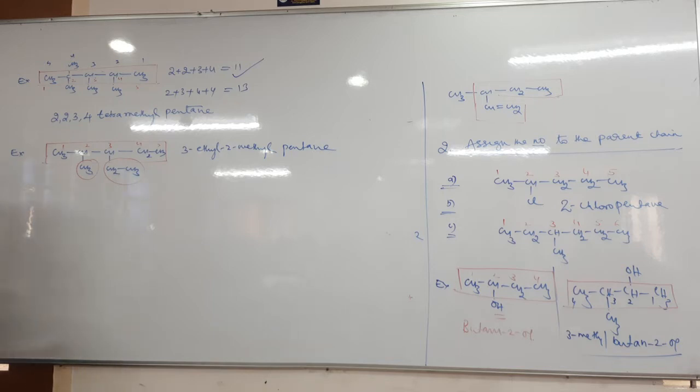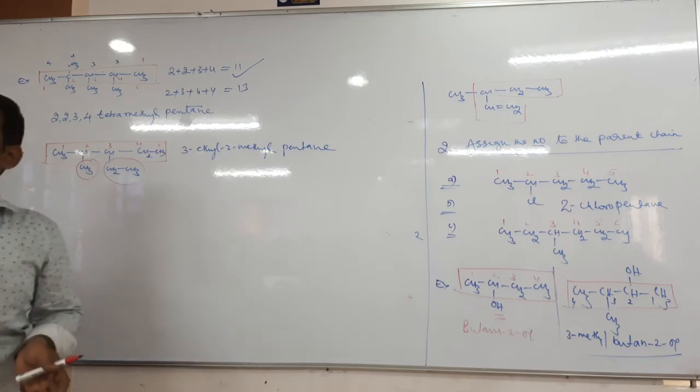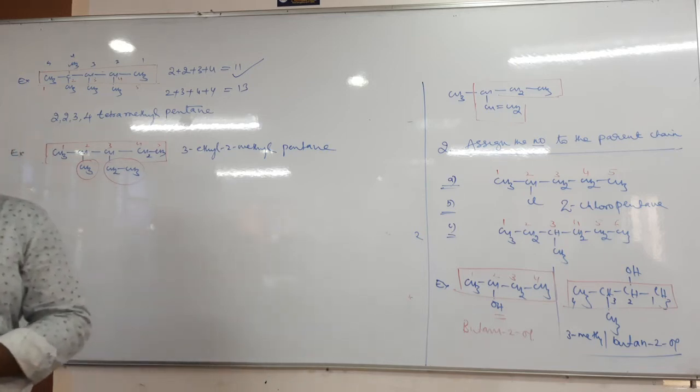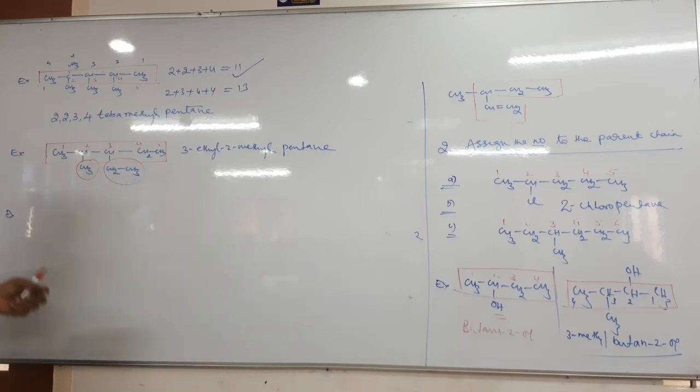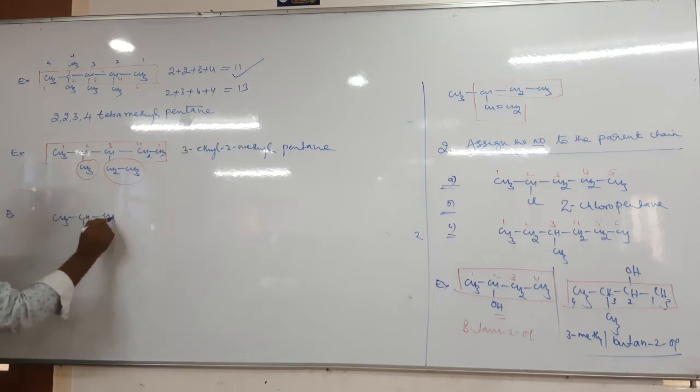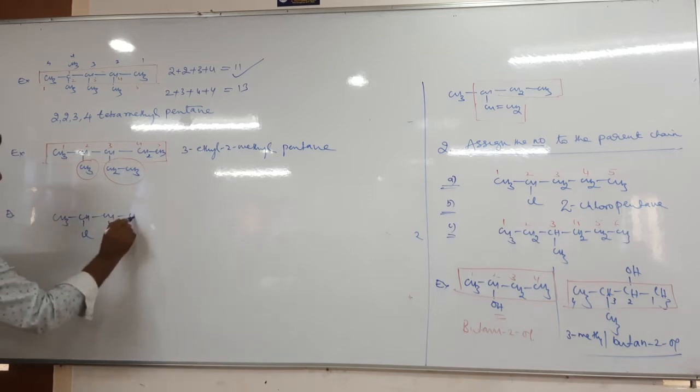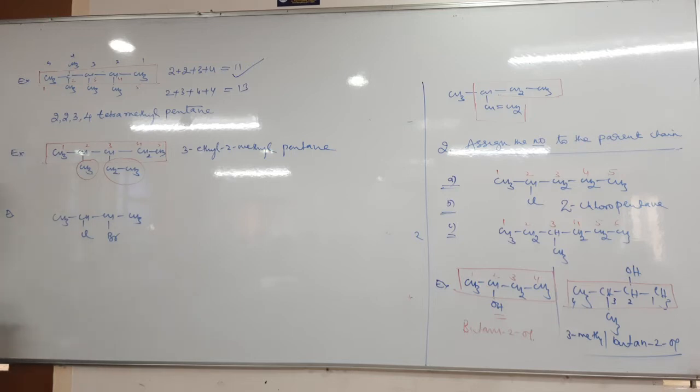Tell me, if two different substituents are present at equivalent positions from the two ends. For example, take CH3, CH, Cl, CH, Br, CH3. Now there are two different substituents, chloro and bromo.